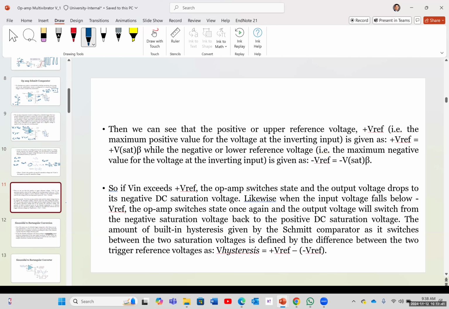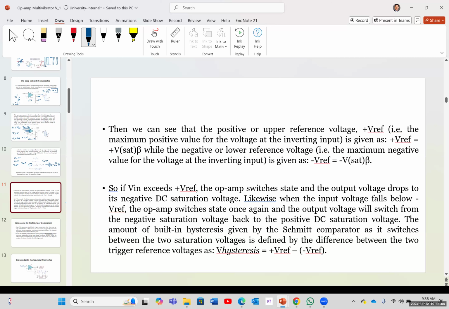We can see that the positive or upper reference voltage, positive V reference, the maximum positive voltage value of the voltage at the inverting input, is given as positive V reference equal to beta V saturation, while the negative or lower reference voltage, negative V reference, would be negative beta V saturation.